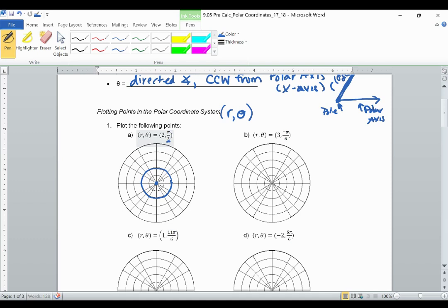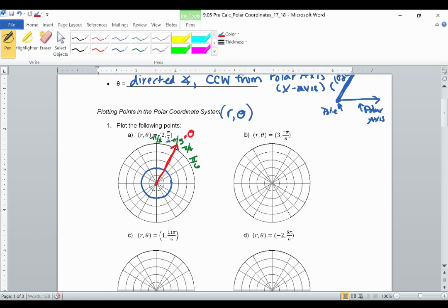Pi over 3 tells us where exactly we're going to be on that ring. So we want to go pi over 3. I've put this grid on here. This one's going to represent your pi over 6, pi over 4, just like on your unit circle, pi over 3. Here's your pi over 2. So if we want pi over 3, that's going to be right here. So that's our theta that we want.